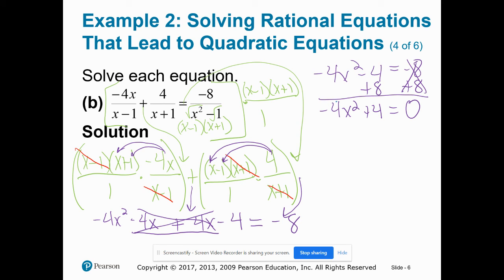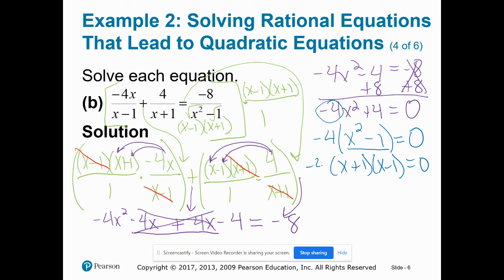Now remember, we really don't want our x squared to start with a negative if we can help it. So I'm actually going to pull out negative 4. That's going to make that a positive x squared and a negative 1. Factor the x squared minus 1. We have x plus 1 and x minus 1.